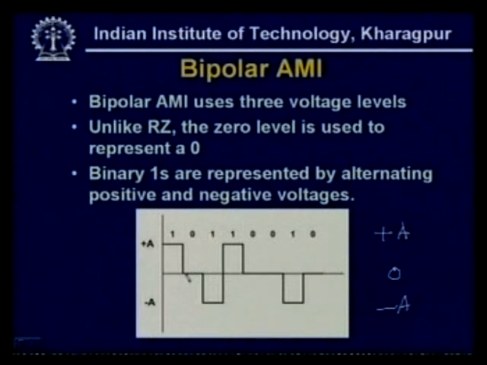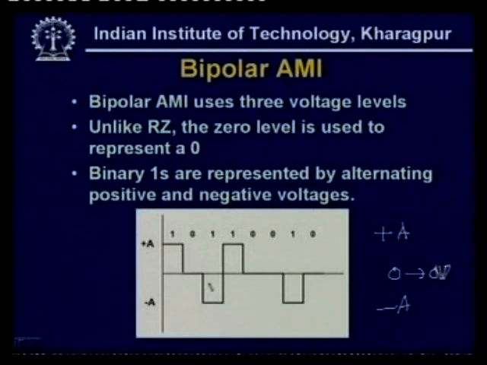So, the signal was returning to 0 both for 0 and for 1, but here it is not so. A 0 bit is represented by 0 volt. On the other hand, a 1 can have either positive voltage or negative voltage.